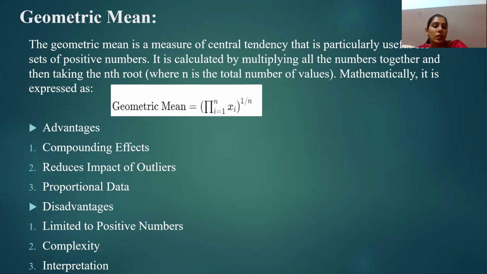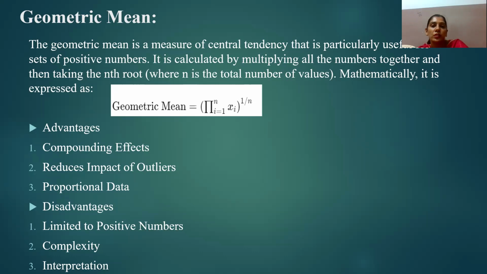Next is proportional data. It is more appropriate than the arithmetic mean for a set of numbers that are meant to be multiplied together.